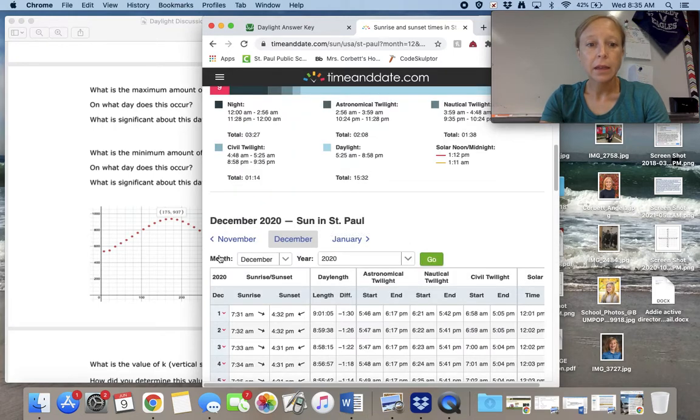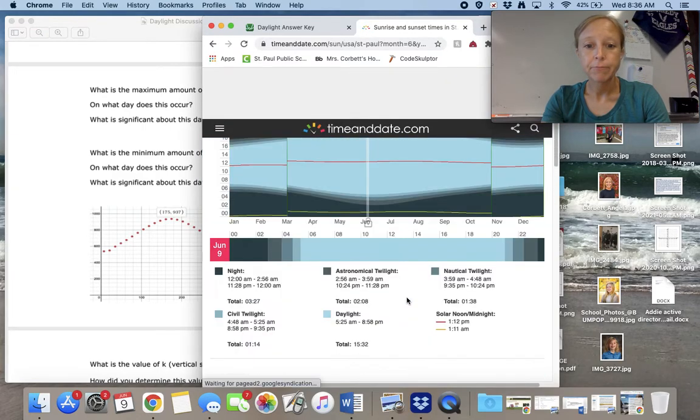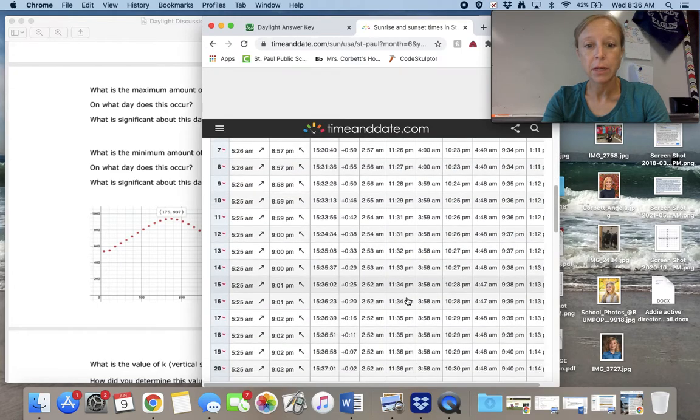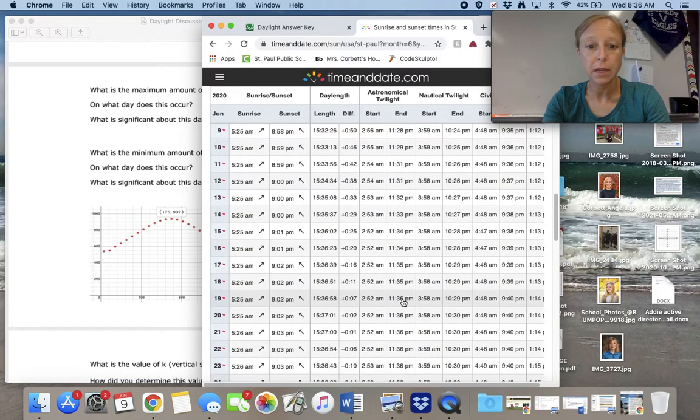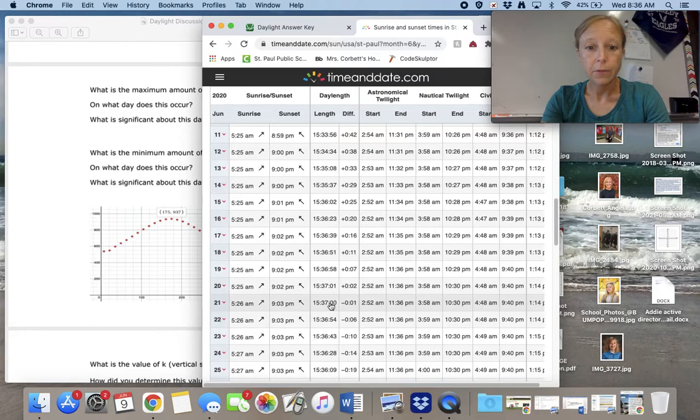And this would have been the halfway point. If I'm at December, halfway before that would be June. I scrolled through here just to make sure I didn't miss this point in my table, 15:37, and June 20th looks like the most daylight.